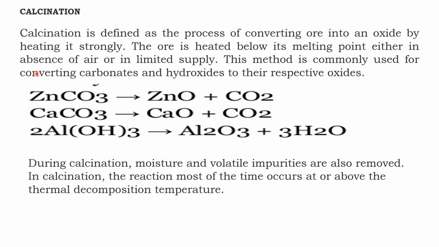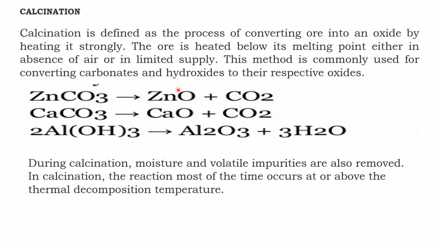So what happens? When heated at high temperature, the carbonates decompose to give you oxides and carbon dioxide. The moisture and the volatile impurities are removed, resulting in the formation of the corresponding oxides.